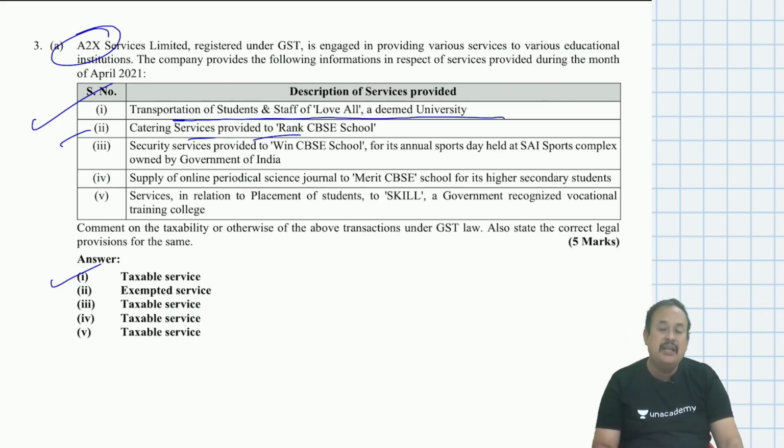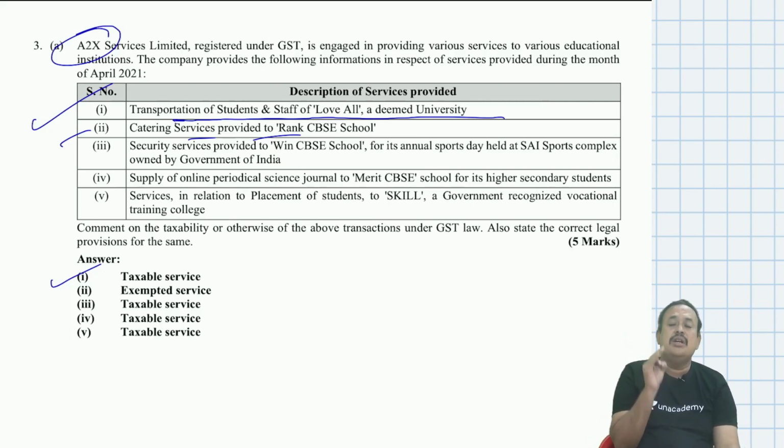Repeating again, catering services including midday meals sponsored by the government provided to preschool or higher secondary school up to 12th standard only qualify for exemption. It is a CBSE, Central Board of Secondary Education school, therefore it qualifies for exemption. It is not taxable, it is exempted. See, point number 2, exempted.